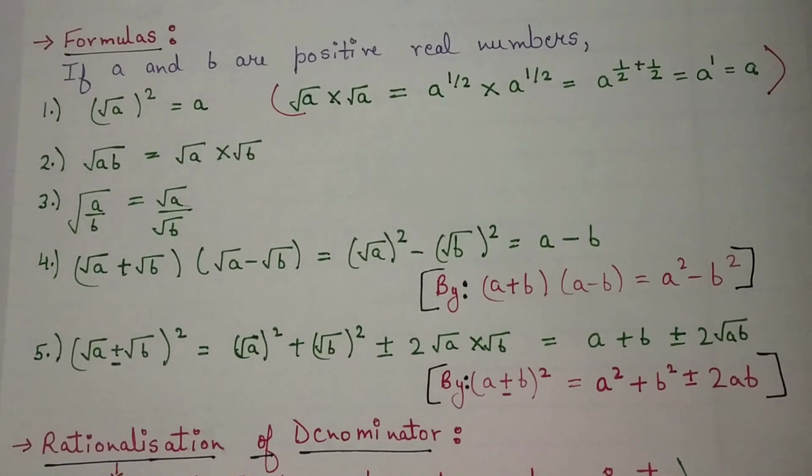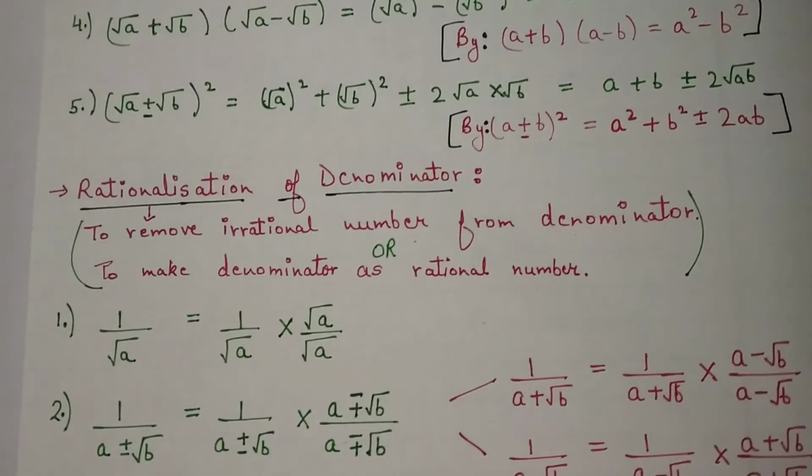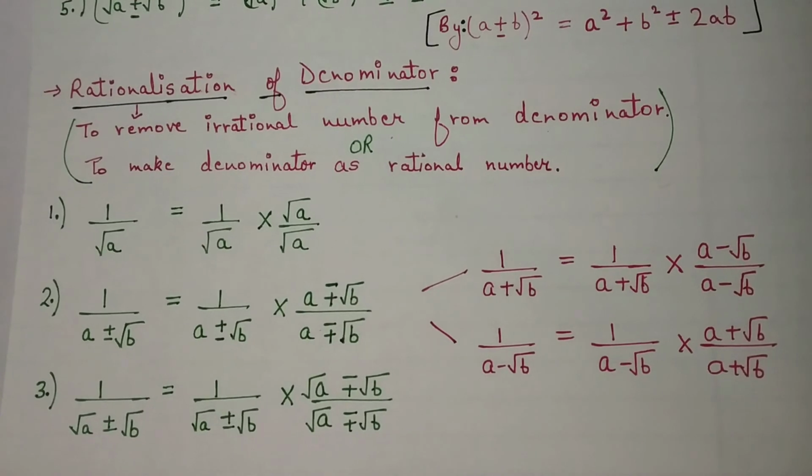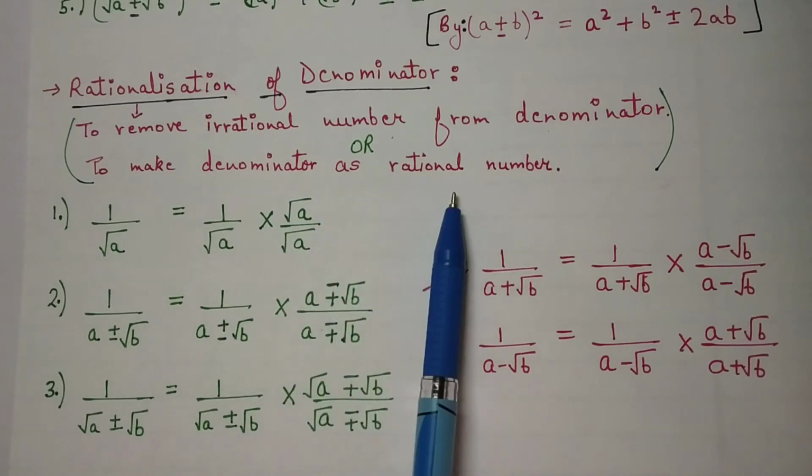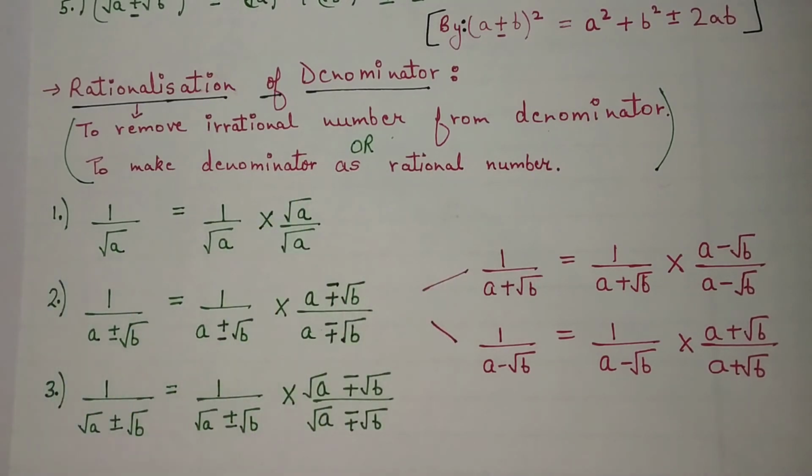Now the third thing that we need to discuss in this exercise is rationalization of the denominator. Rationalization is an important concept. Why? Because it makes the denominator rational. It removes the irrational parts from the denominator. You need to learn 3 formulas here.